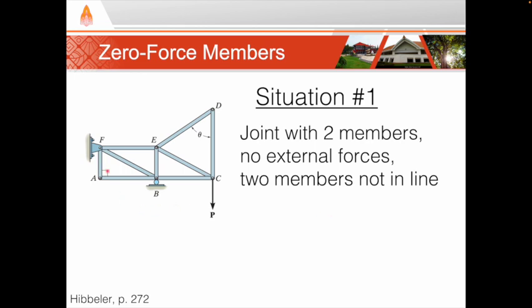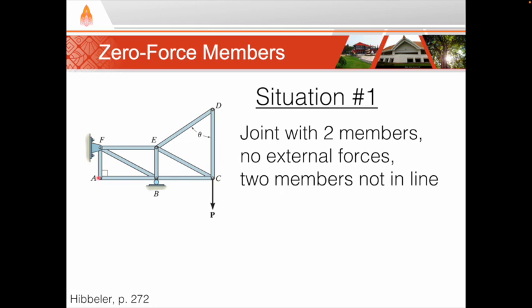For example, look at joint A. Joint A has 2 members. Members FA and AB are not in line, and there are no external forces applied at the joint. Therefore, FA and AB are zero force members.